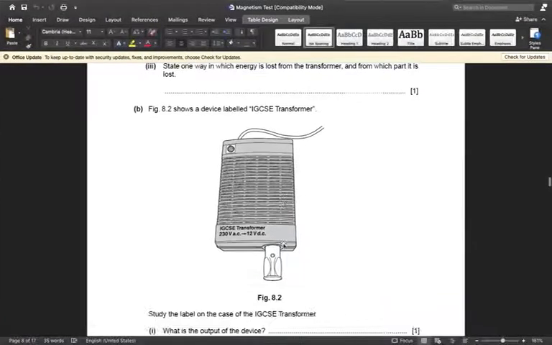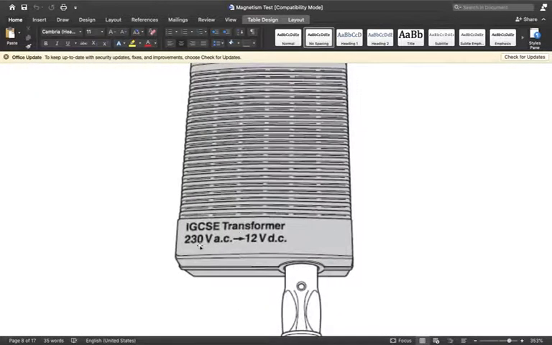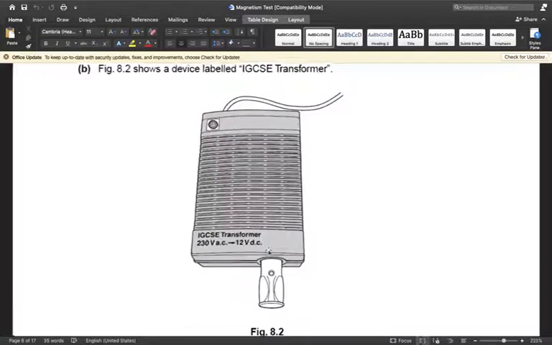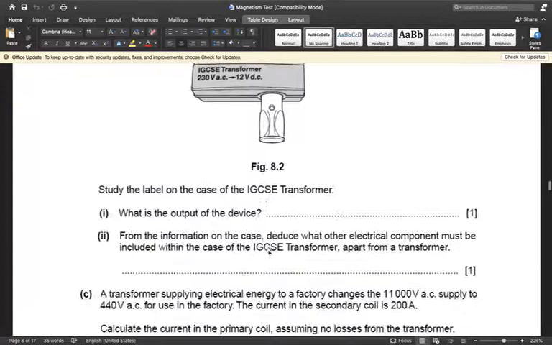Now, when we look at this, it shows a device labeled IGCSE transformer. It transforms 230 volts AC into 12 volts DC. It transforms AC to DC. That's something that we need to know. What is the output of the device?